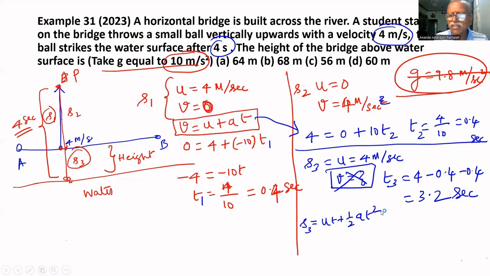We need S3 only, the height of the bridge. From water to bridge, what is the height? That is S3. UT plus half AT square. Here U, while coming down, the velocity is 4 meters per second. That's why 4, time 3.2, plus half A is 10, T is 3.2 whole square.